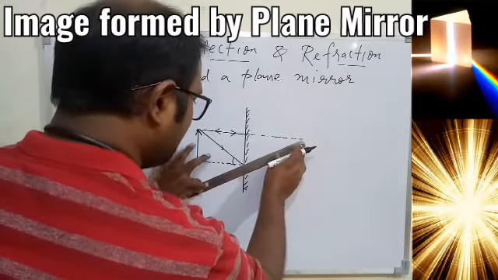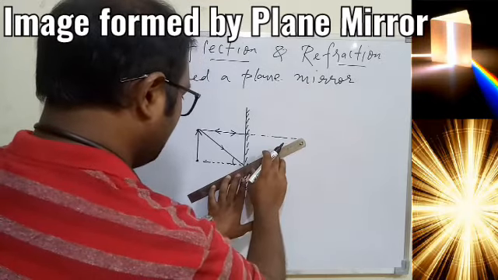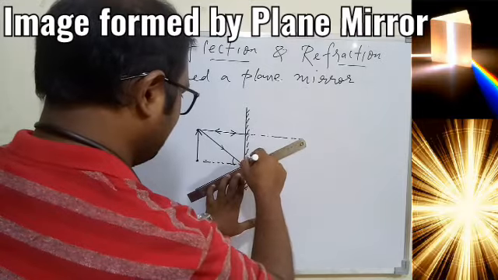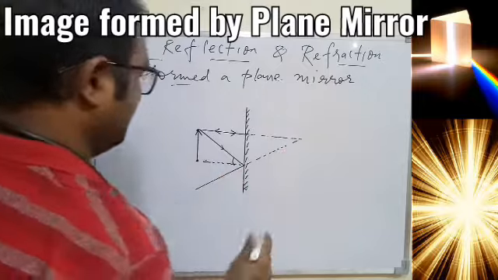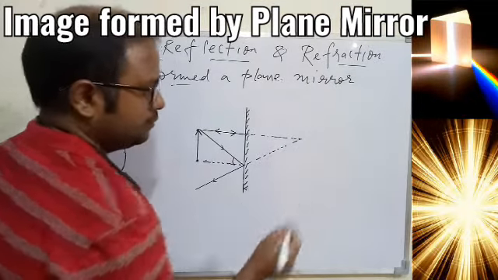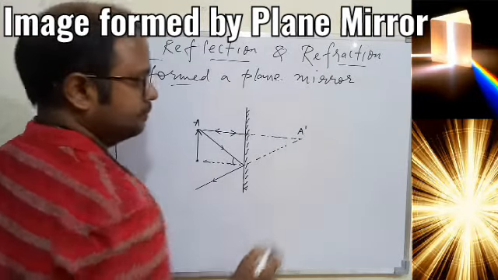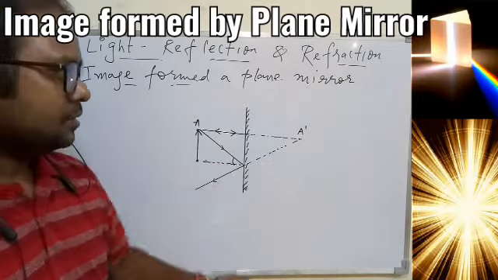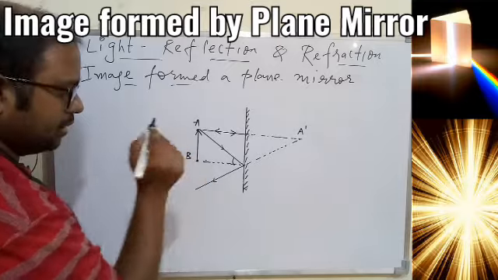So the same angle we have to measure on the other side, and we have to complete the diagram, with the part behind the mirror dotted. So this is the very first point we got, and this point is nothing but the image of point A. So A is the point object for the object AB, and A prime is the image of the same point. Now we need to find the image for point B.